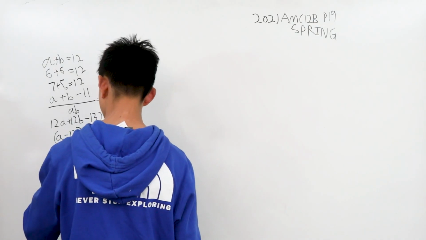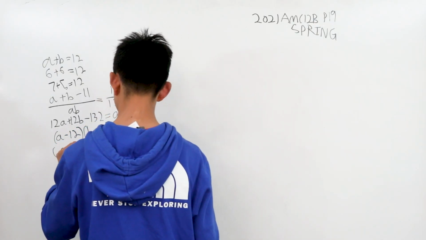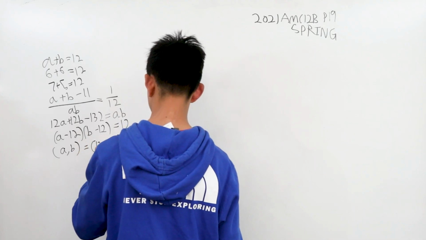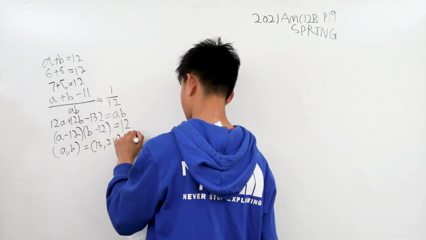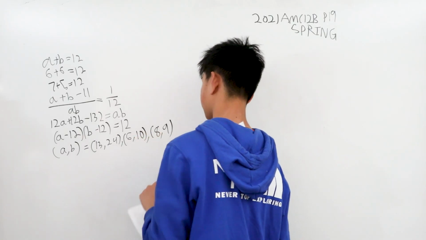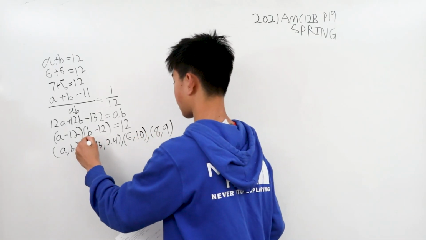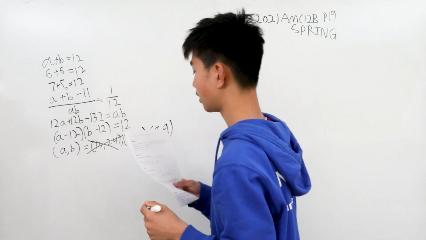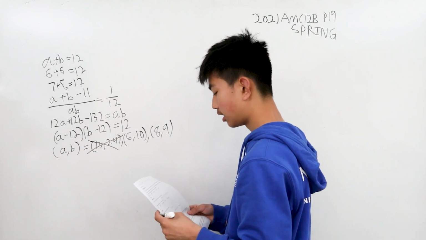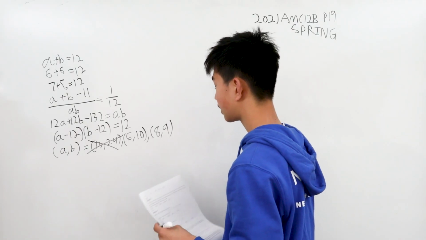A and B could have the dice in 13 and 24, 6 and 10, and 8 and 9. Right away we see that 13 and 24 faces are not correct. We want the least possible number of faces of the two dice.